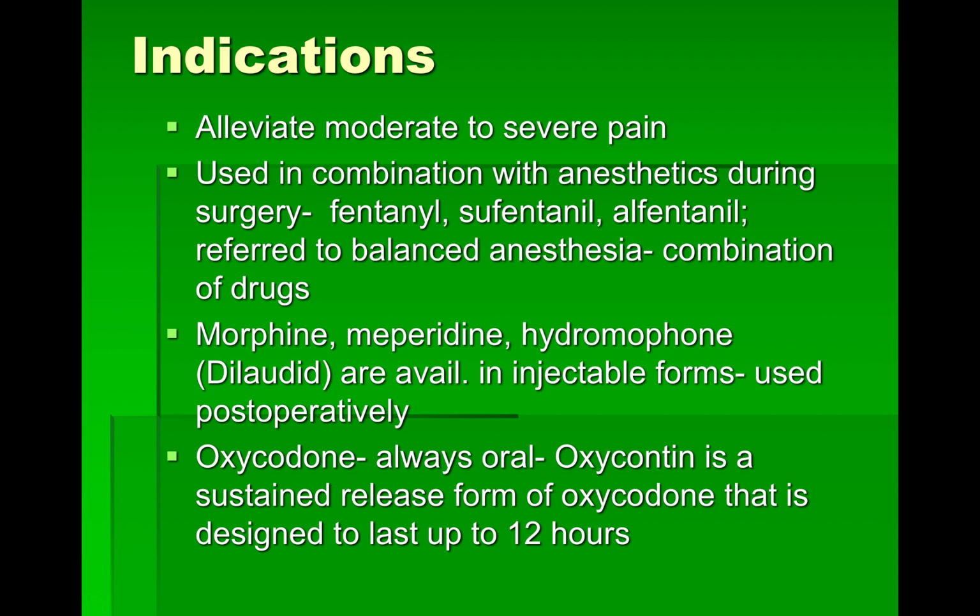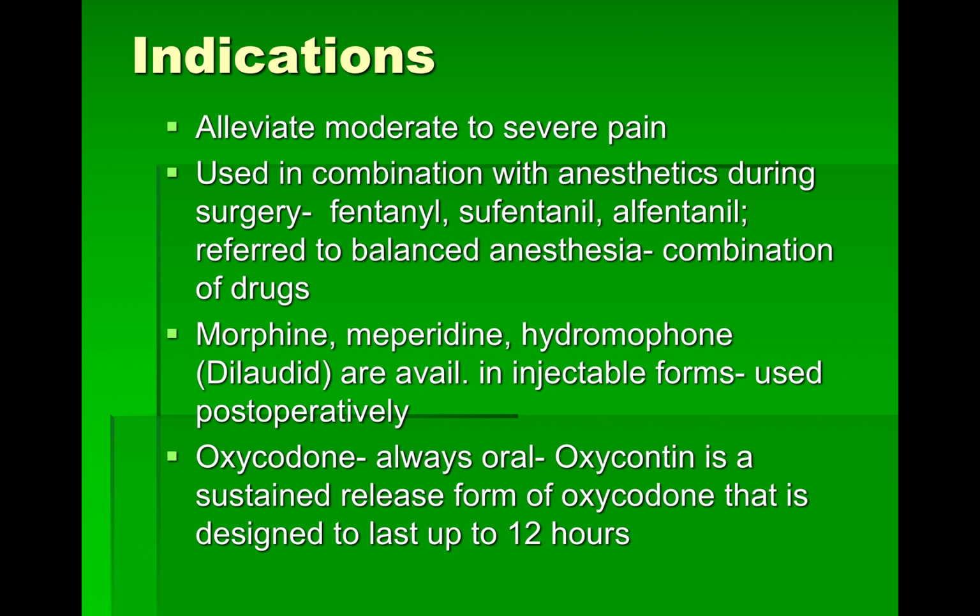And then the Contin, C-O-N-T-I-N, see how it's almost the word continue? The Contin in the product name stands for continuous release. So it's going to be a longer sustained release whenever you see the word Contin on it, whether it's oxy or other words too. And that's why it's a sustained release form of oxycodone, OxyContin, designed to last up to 12 hours.